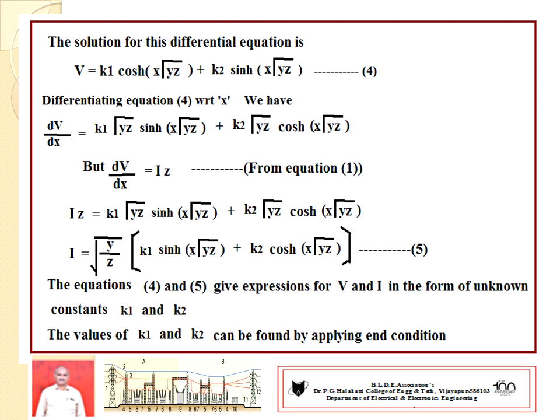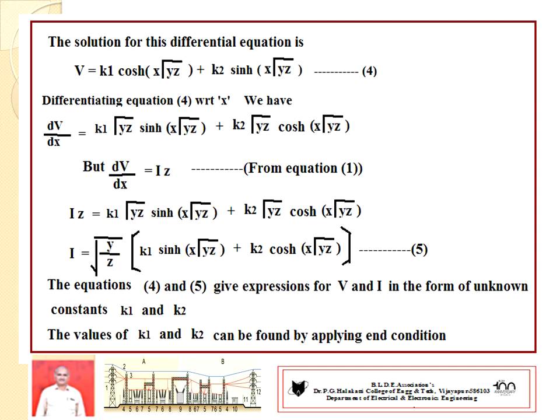So, differentiating equation 4 with respect to x, we have dV by dx equals k1 under square root of yz sinh of x under square root of yz plus k2 term, where k1, k2 are unknown constants. Later on, we have to determine these values before finalizing the equation. But we know that dV by dx equals Iz.